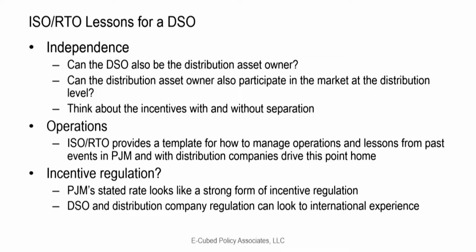But effectively giving a stronger set of incentives for the distribution system operator, as is the case for National Grid in the UK, where they have their own set of incentives as the grid operator for the wholesale power markets. Same could be done for the distribution system operators. Even in PJM, their stated rate looks like a price cap type regulation, which is actually quite unusual given regulation here in the US in general.